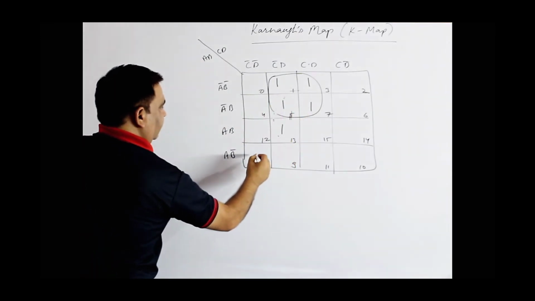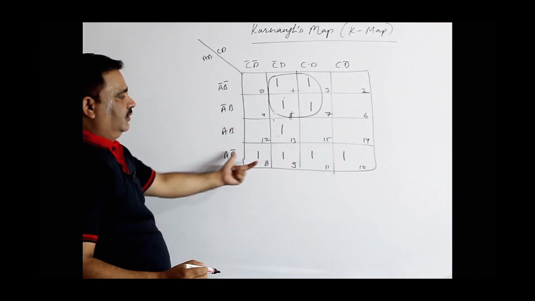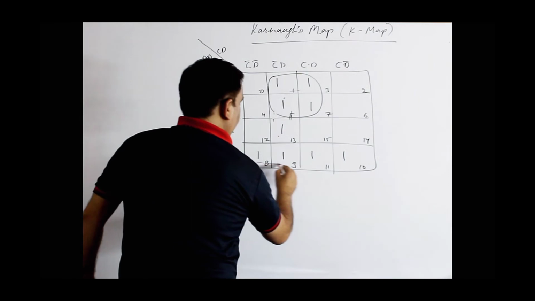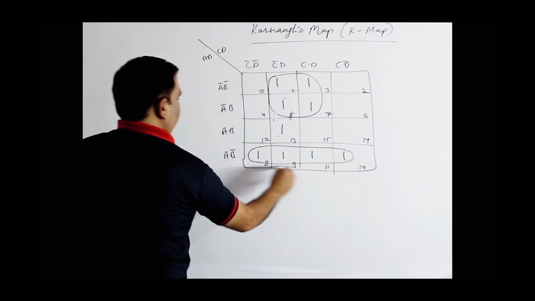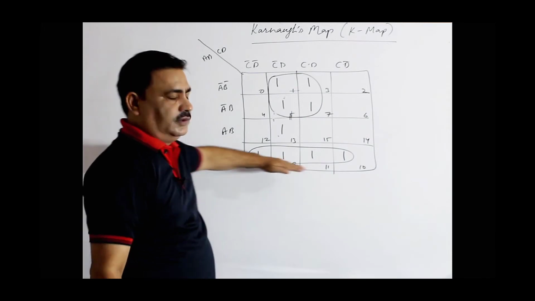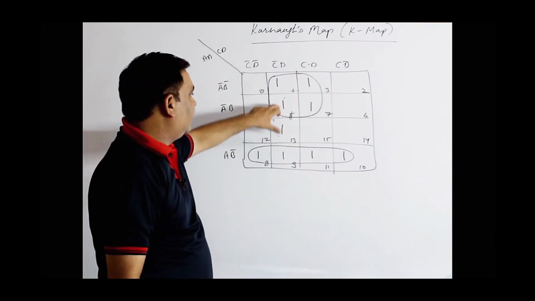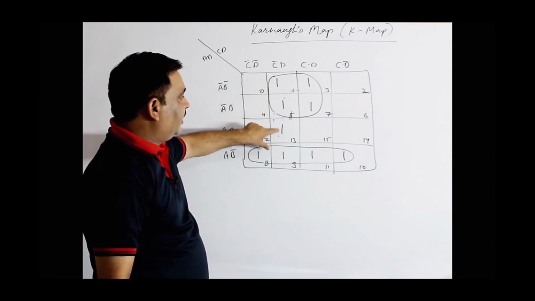Next example: if these columns are also filled with ones, then you can form a quad like this. You can also form the quad like this, a combination of 4 ones horizontally, maybe vertically. Now see 1 1 1 1. So now do not form a pair with this one.